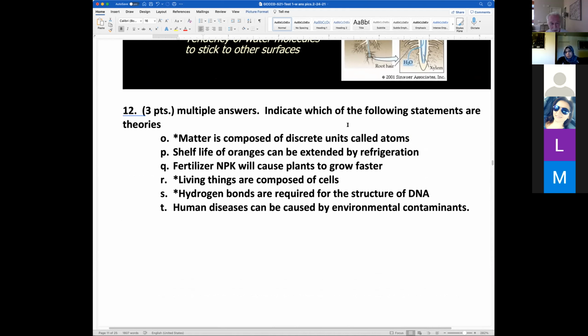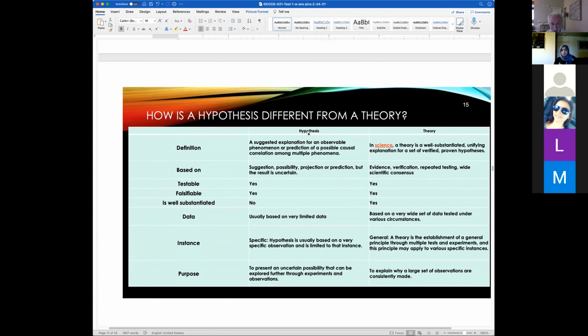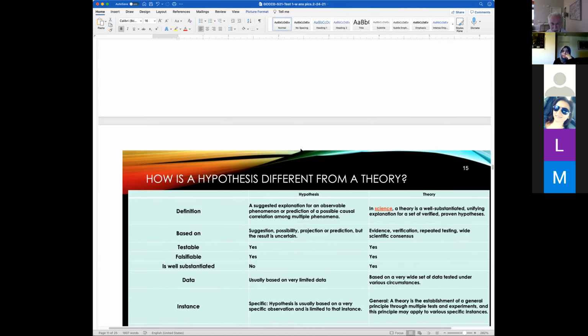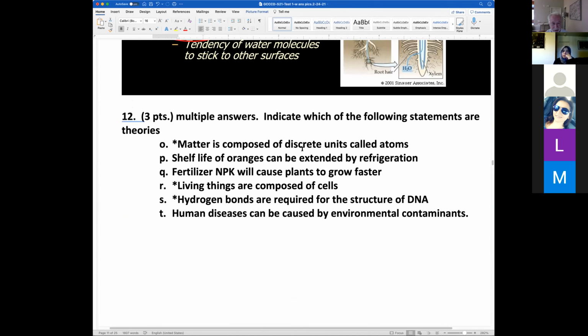Which of the following statements are theories? Again, if we go to this table, contrasting hypotheses and theories. A hypothesis is a suggestion, whereas a theory is well substantiated. So if you look at these statements, matter is composed of atoms. That is well substantiated. So that's a theory.